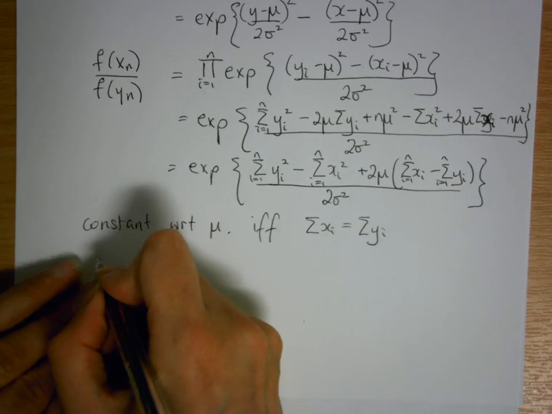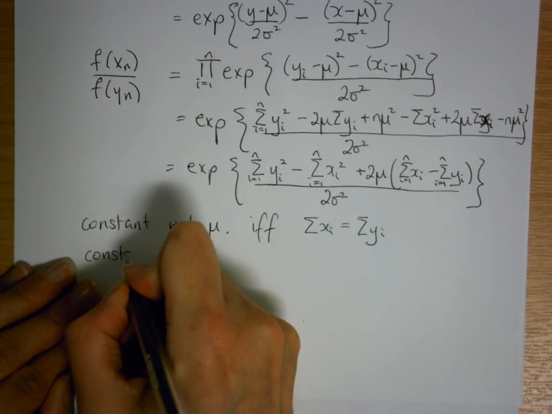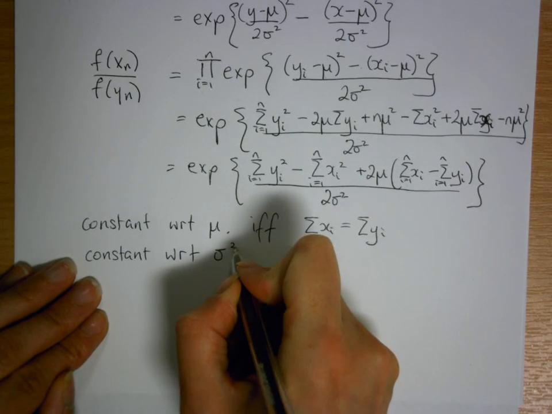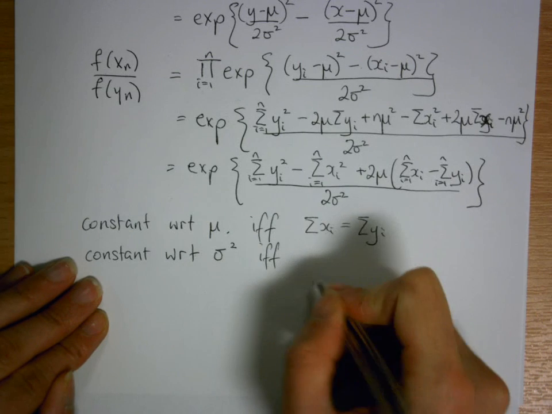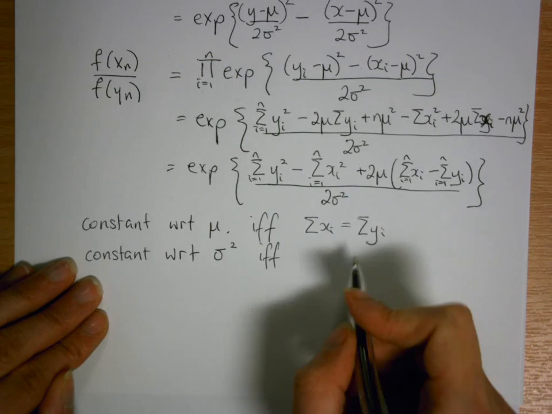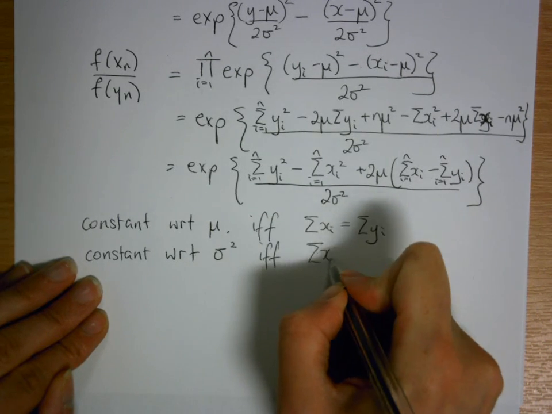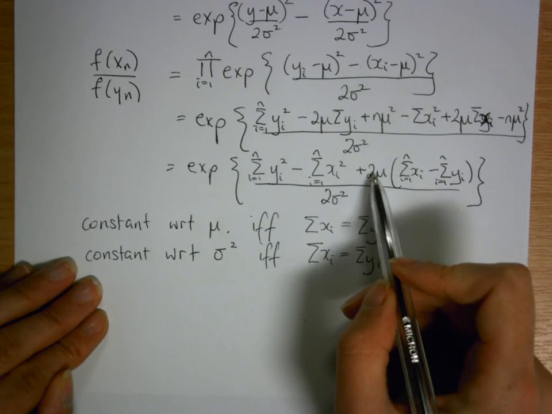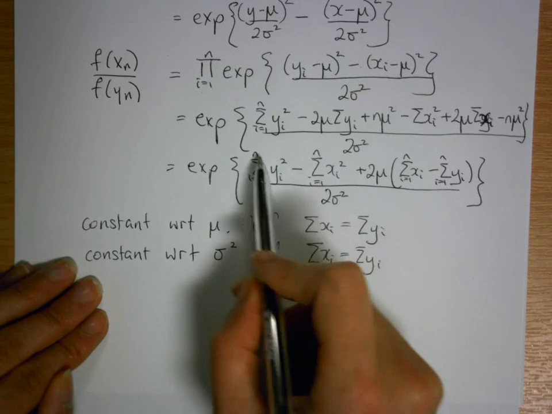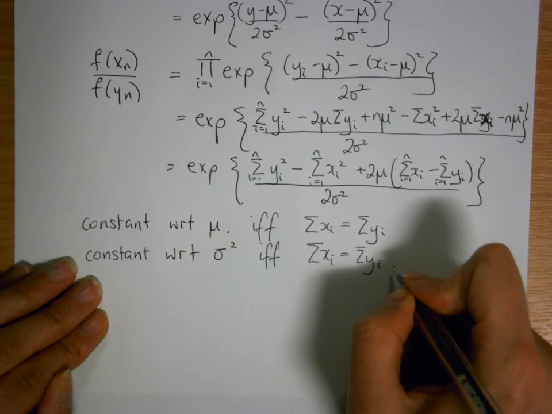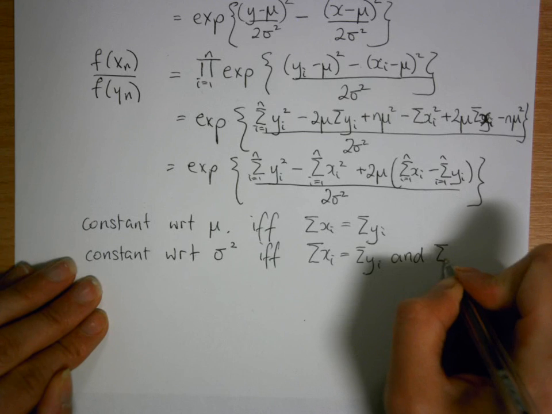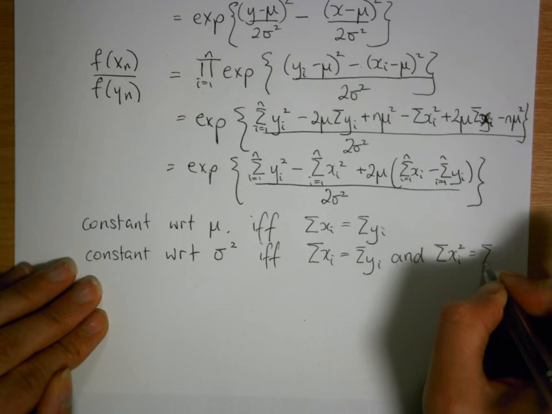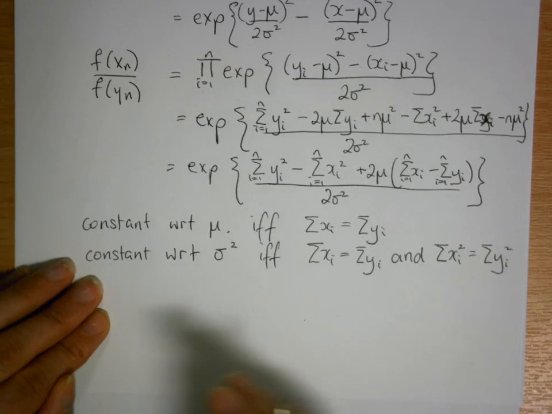And it's constant with respect to sigma squared if and only if, and you have two things here that have to happen: the sum of xi has to equal the sum of yi, because this has to essentially disappear, and this has to disappear, and the sum of xi squared is equal to the sum of yi squared.